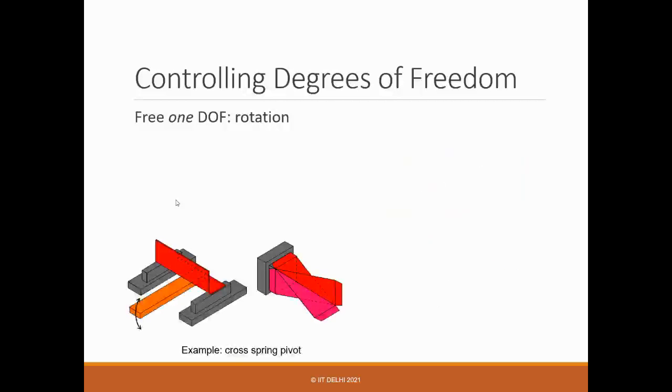There are other kinds of flexural members, I would say, which also give this kind of motion. Suppose you want just one rotational degree of freedom, this kind of open section can also give that degree of freedom. It's an open section, so it can twist easily.